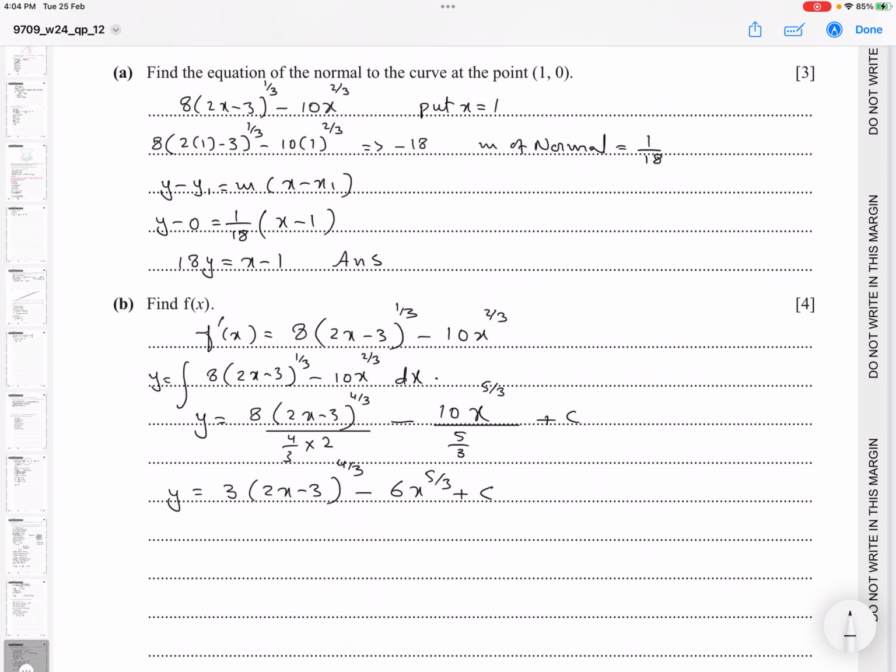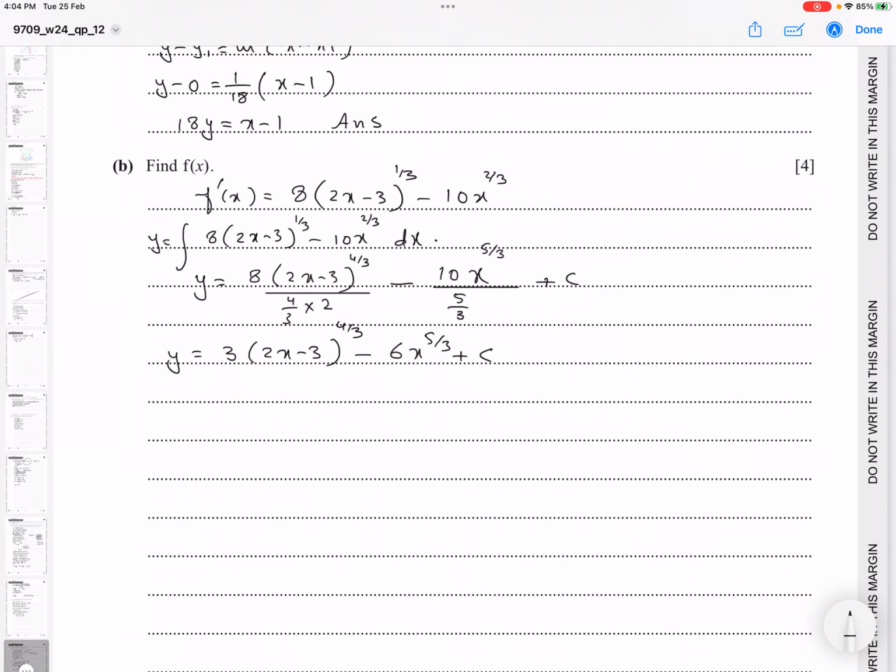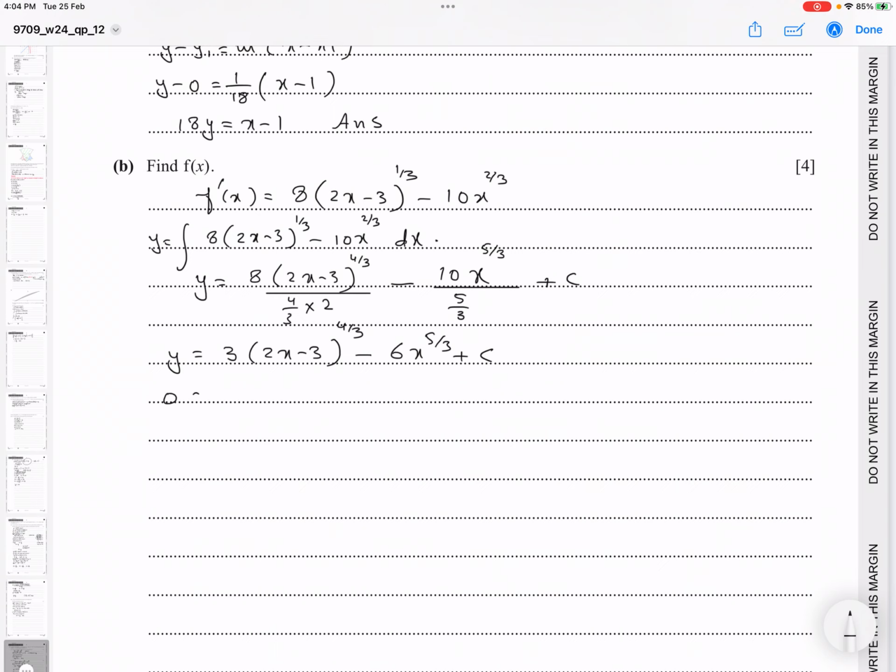You were given the point 1 comma 0, put those coordinates here, 0 in y and 1 in x, to find the value of c. So from here c would be equal to 3. So your equation would look like this: y equals 3(2x minus 3) power 4 over 3 minus 6x power 5 over 3 plus 3.